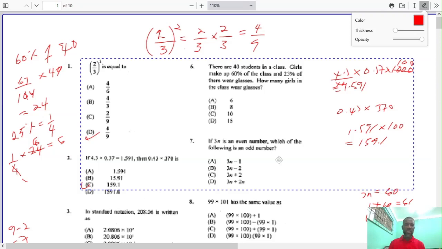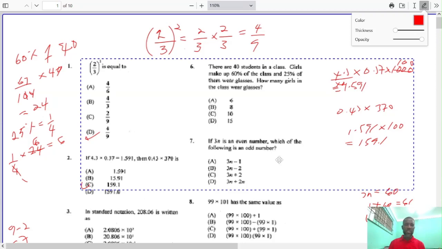Question 8 says 99 times 101. That is the same as saying 99 times 100 plus 1.